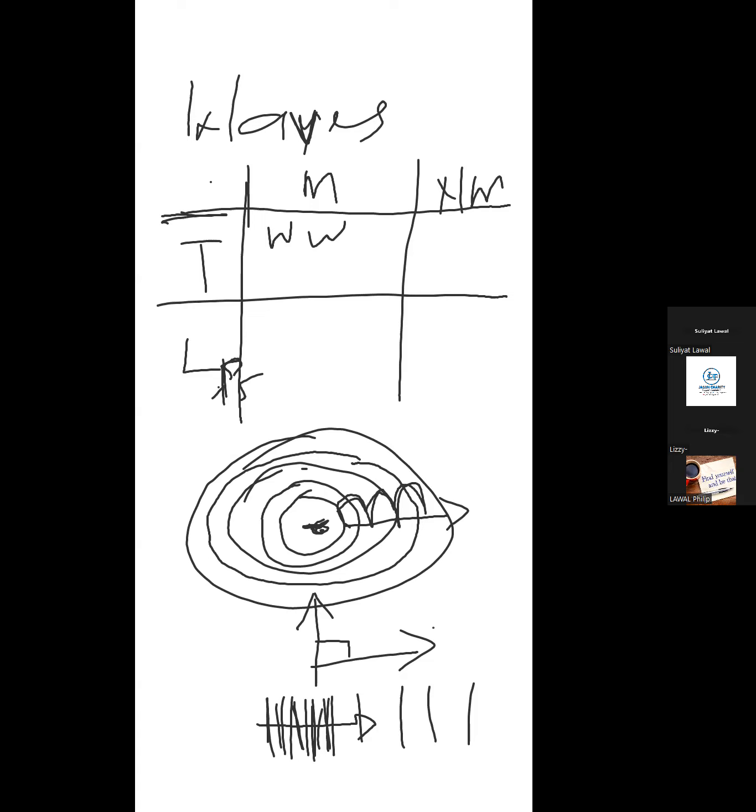So we call it compression and rarefaction. And you will notice it moves forward and backward in the same direction as the direction of the wave. So this one is called linear or longitudinal. So this is a sound wave, SW, sound wave.